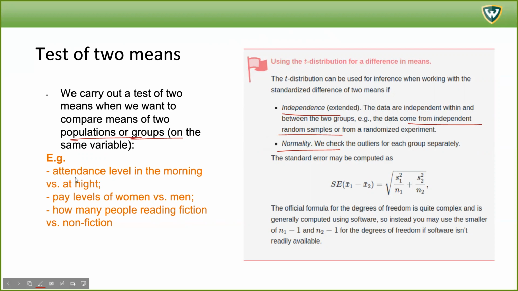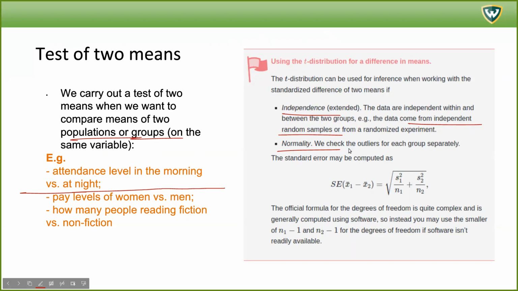For example, if you're checking attendance level of people in your store in the morning versus attendance level of people at night, your whole population is the people that attend your store. But you cannot choose, for example, some tall people in the morning and then choose short people at night. That is going to screw up your study. So independence means you're getting a random sample of people in the morning and a random sample of people at night.